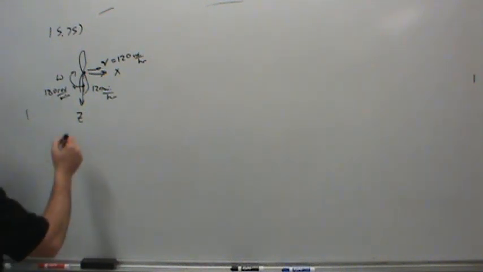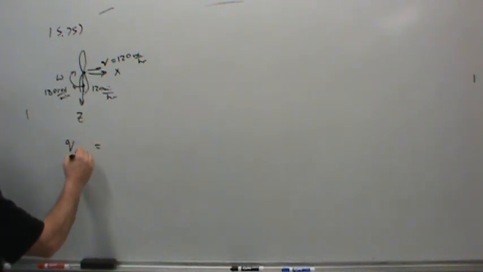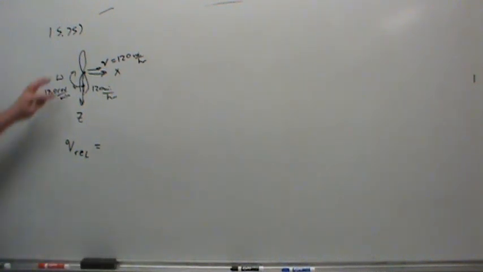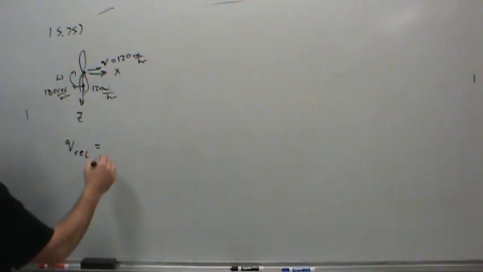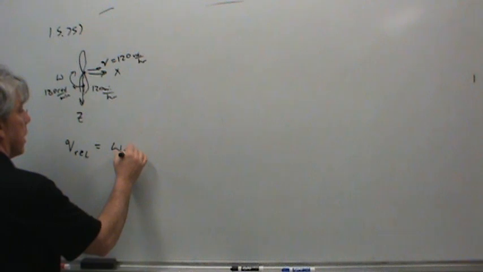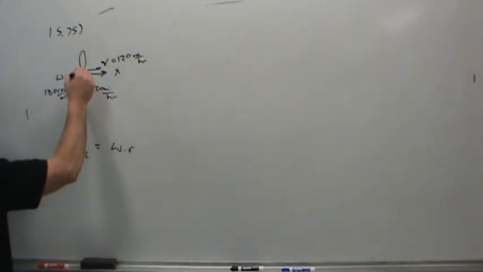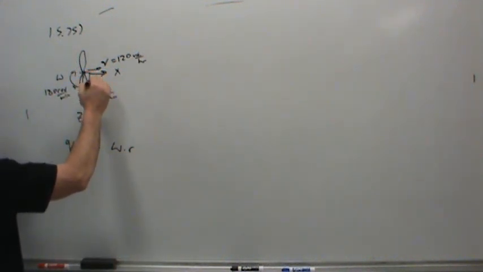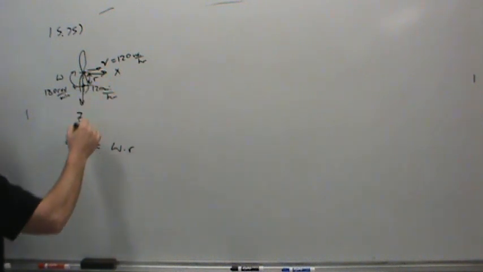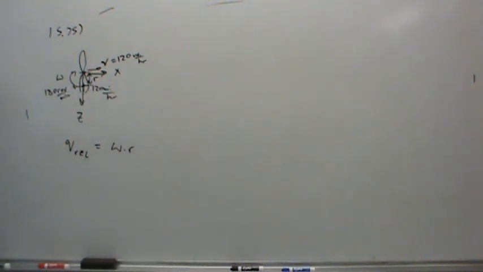So the relative velocity relative to the helicopter, the relative velocity of any of these points, is going to simply be omega times r, where r is the distance from the actual center of rotation on the helicopter out to the instant center.